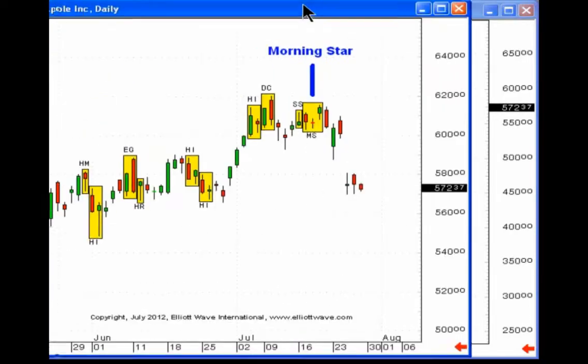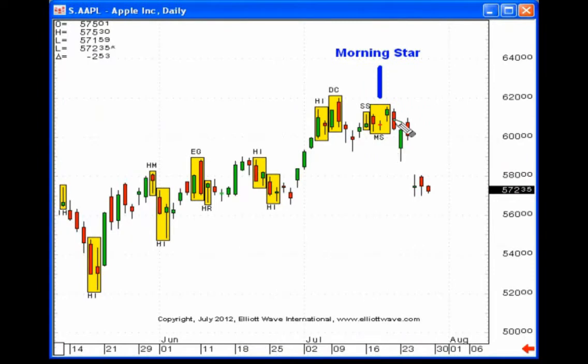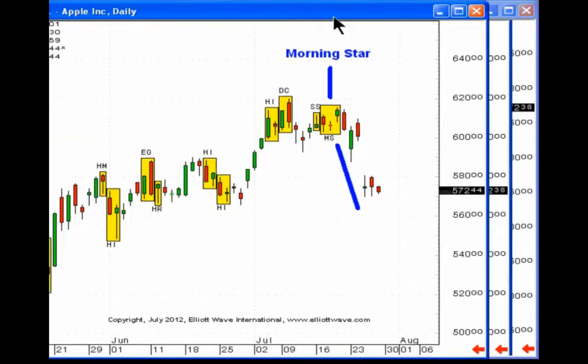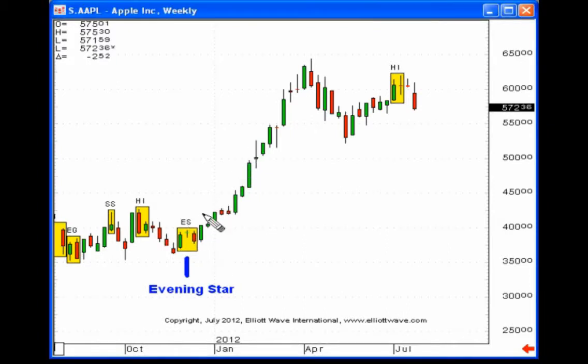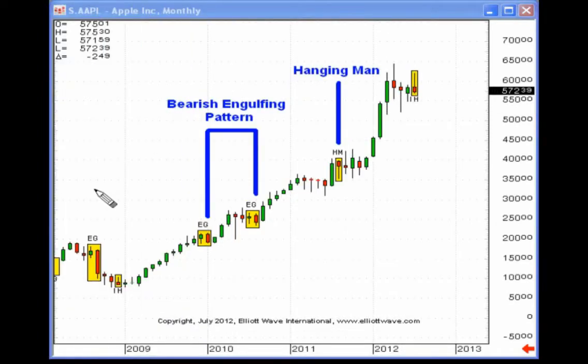Just as it did here, this failed bullish morning star candlestick pattern gave way to a very sizable sell-off to the downside. This bearish evening star, which should have given way to further decline, actually signaled an even higher probability trade setup in the opposite direction, as did these 2 bearish candlesticks as well.